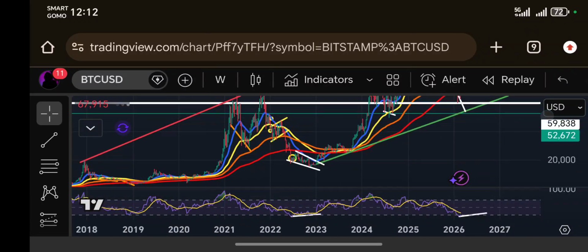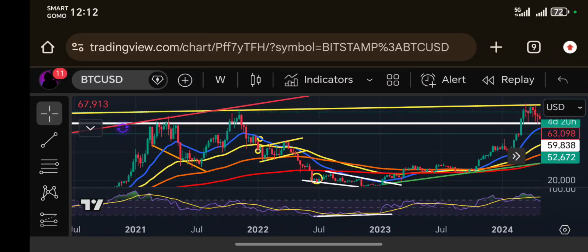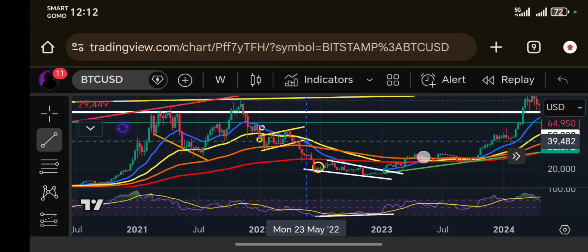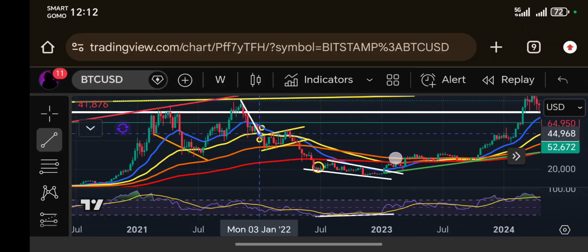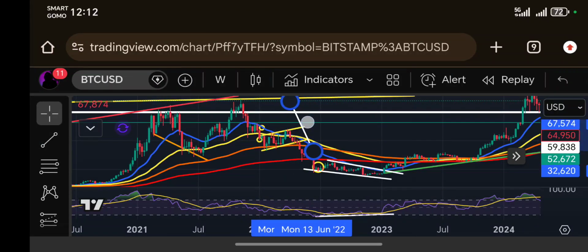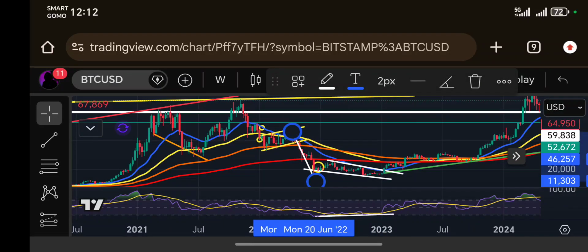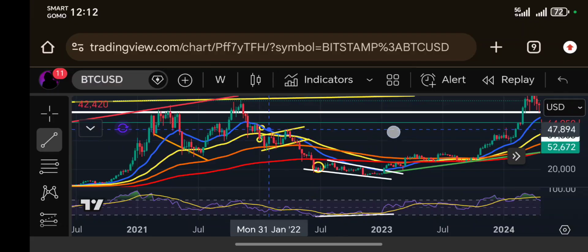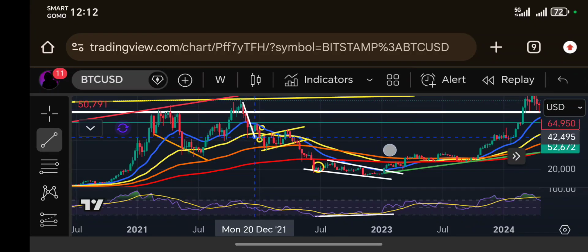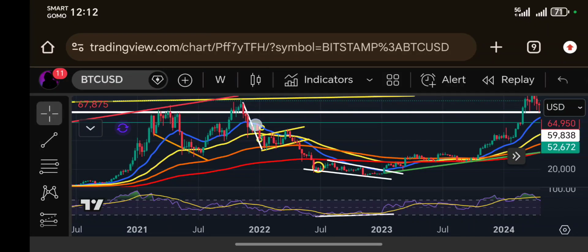Look at this chart. Okay, this is a bear flag, right? So we have to measure this bear flag right here. That's your flag. This is your pole. We're gonna put it here. Maybe let's start with this red. Yeah, this is the pole right there.